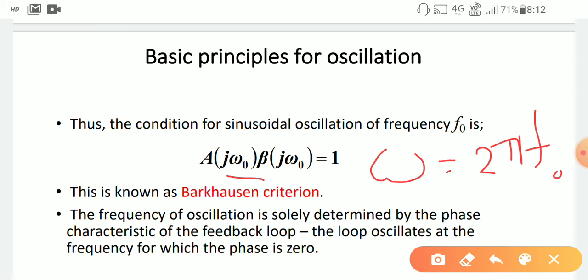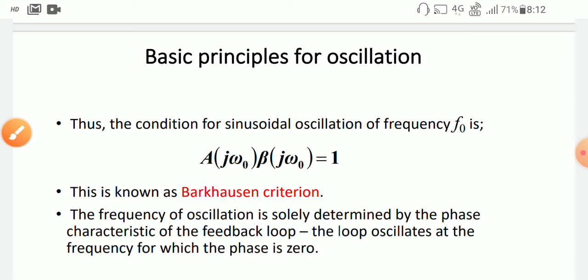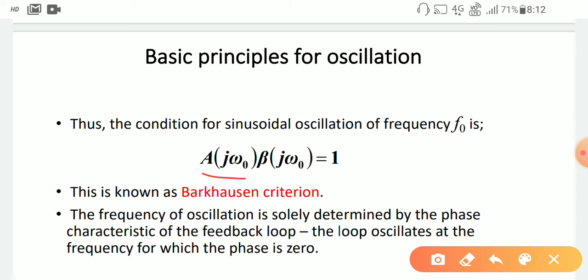So A(j omega 0) times beta(j omega 0) should be equal to 1 when the particular sinusoidal oscillation frequency f0 occurs. So this is the Barkhausen criteria.